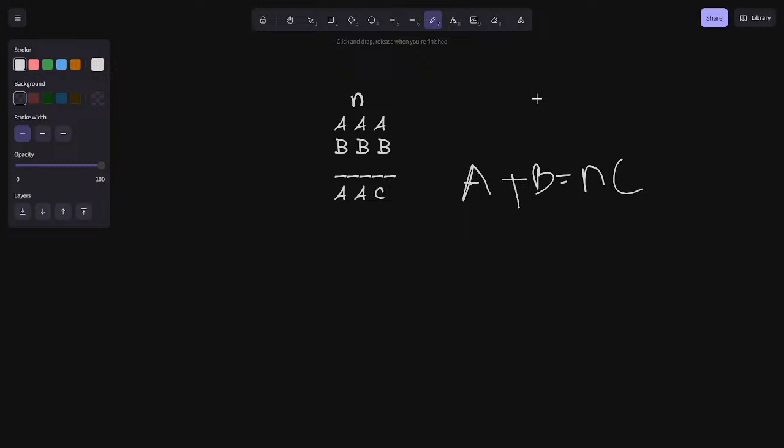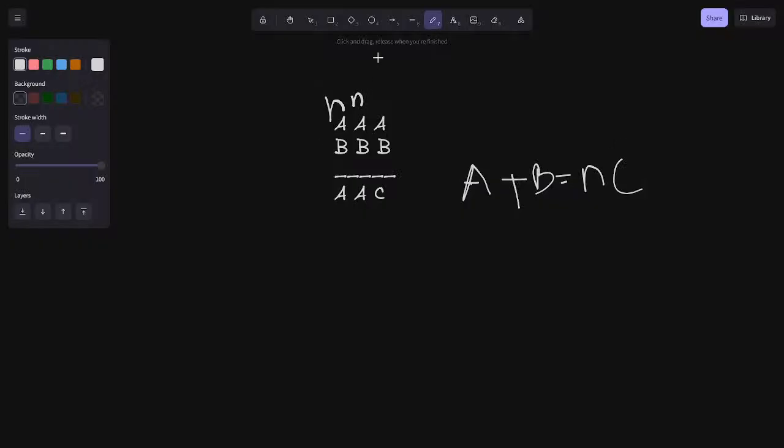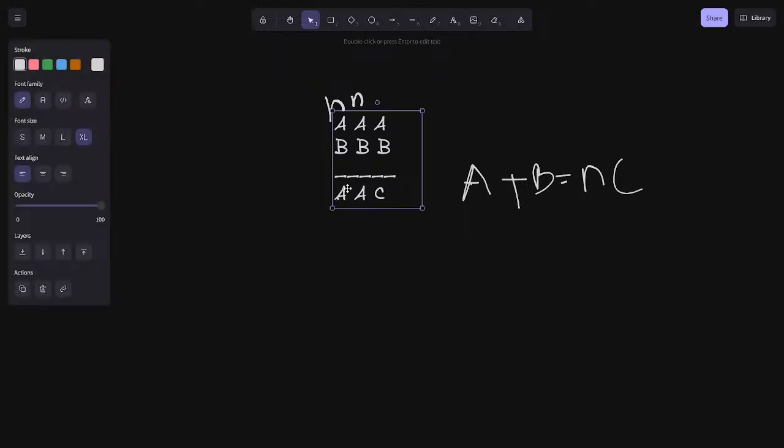And similarly, the N is also going to be here. So I want the sum of A plus B to be greater than or equal to 10. No, I want the sum of A plus B to be exactly... The problem arises. Okay, I did it wrong.